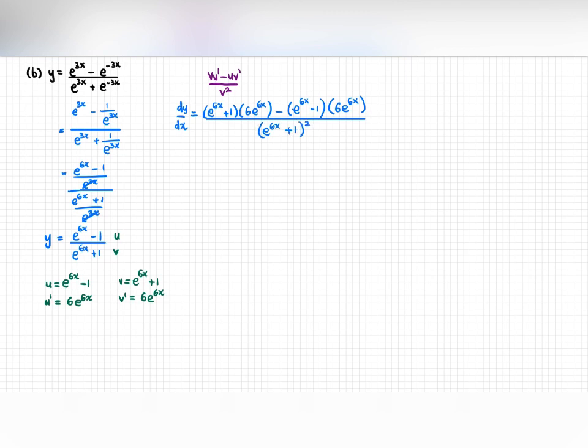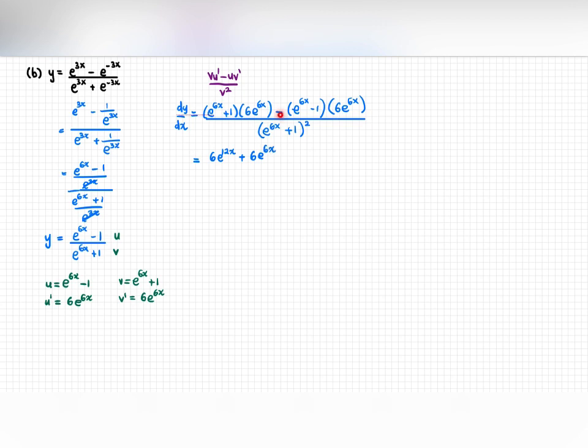Okay, so kat sini kita boleh tengok the answer for this part will be, okay, kat sini both ada 6. Okay, so saya boleh factorize 6 kat luar, ataupun okay, tak apa, kita expand dia dahululah. Kita expand dia, ini masuk dalam. So kita ada 6e to the power of 12x plus 6e to the power of 6x.